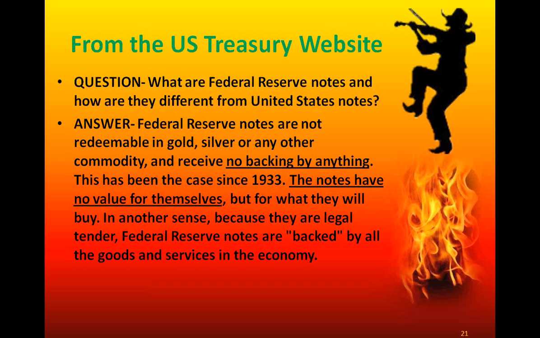Remember his quote from 1791, the fear that if a central bank ever got control of our money, that it would ruin the nation. Well, that's exactly what has happened. We have a central bank today that was established at the time that Franklin Roosevelt took us off the gold standard. So let's look at the overview.